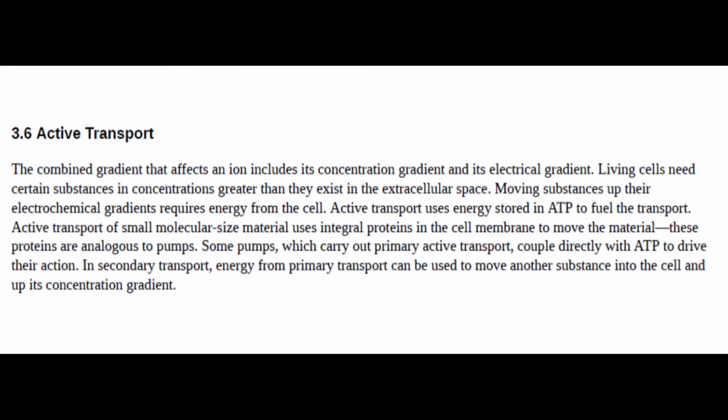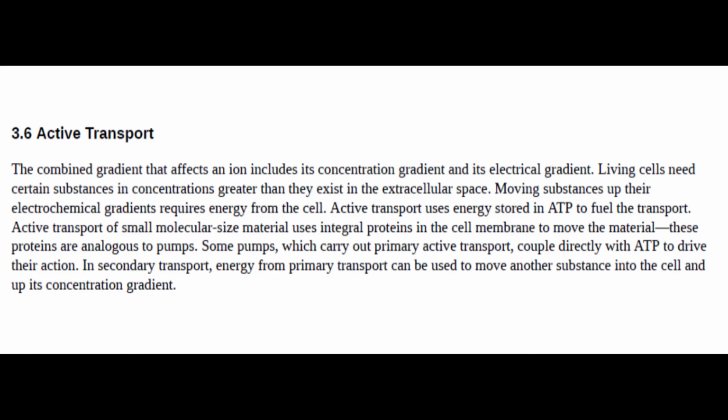Section 3.6, Active Transport. The combined gradient that affects an ion includes its concentration gradient and its electrical gradient. Living cells need certain substances in concentrations greater than they exist in the extracellular space. Moving substances up their electrochemical gradients requires energy from the cell. Active transport uses energy stored in ATP to fuel the transport.